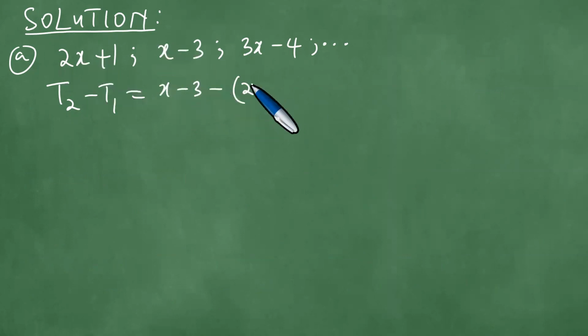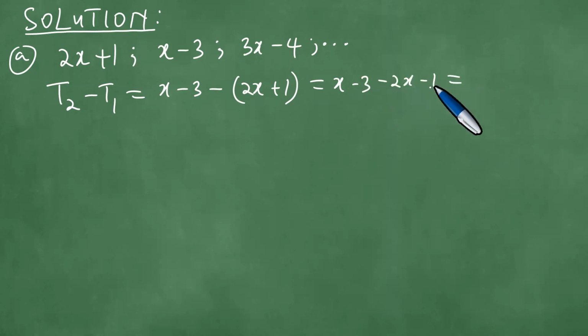Term 1 is 2x plus 1. Let's distribute here. With the minus by distribution, we have minus 2x minus 1. And x minus 2x is minus x. And then we have minus 3 minus 1, which is minus 4, like so.